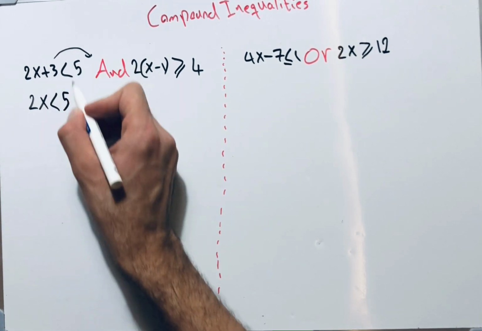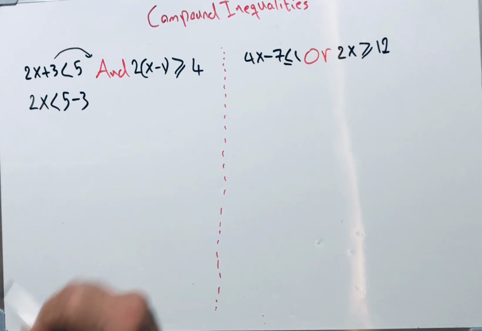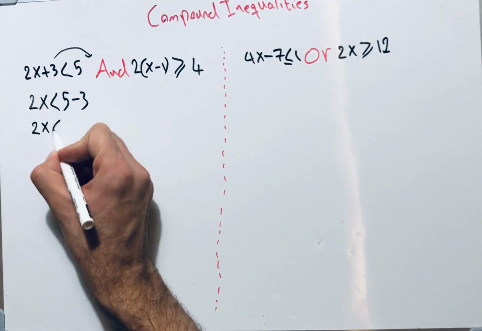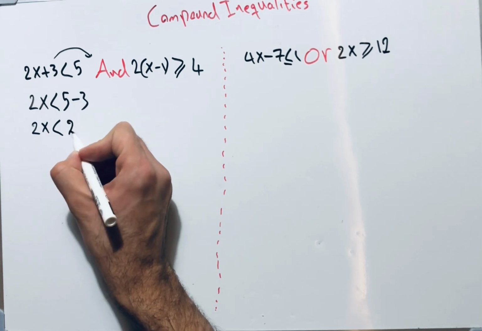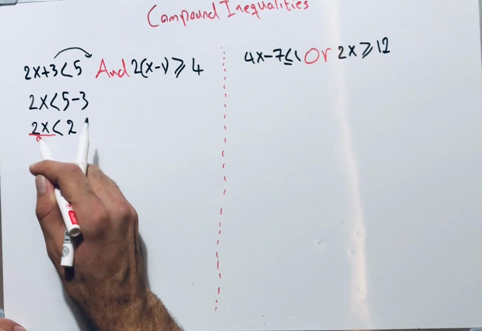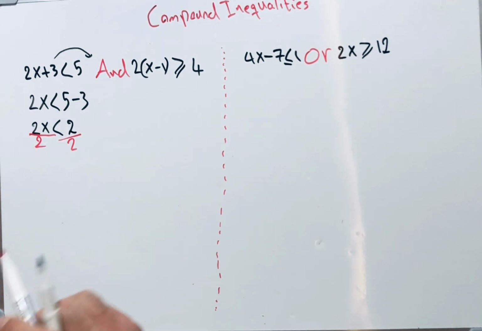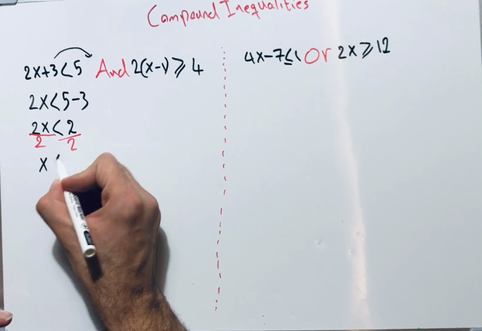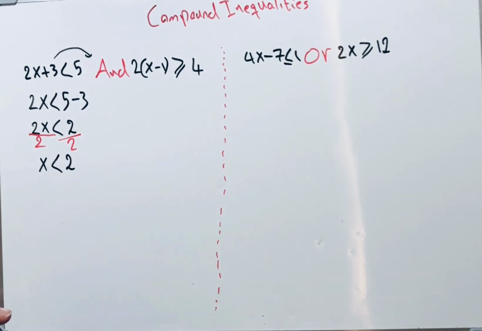We move that to the other side, it becomes -3. 5 minus 3 is 2. From here we can divide both sides by 2. These two cancel, so we can say x is less than 2. That's for the first inequality.